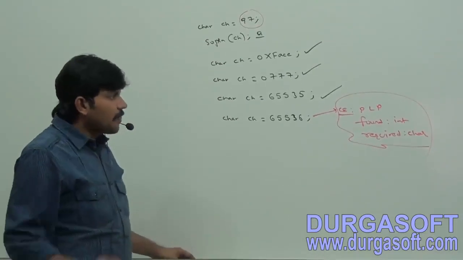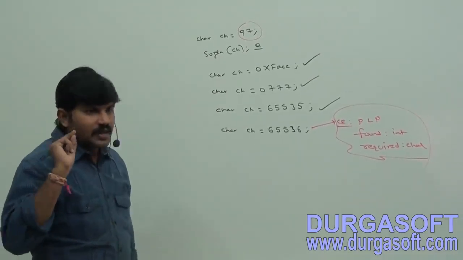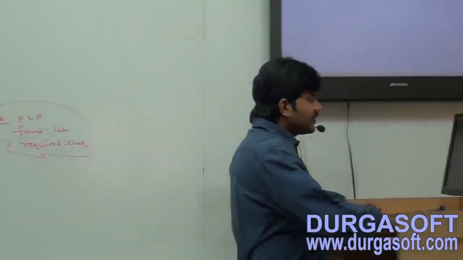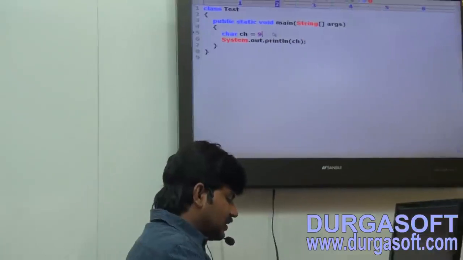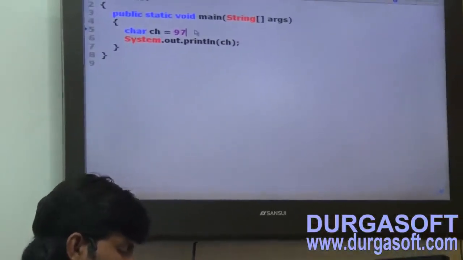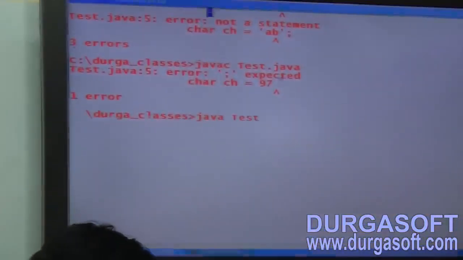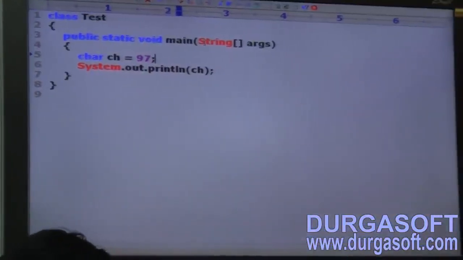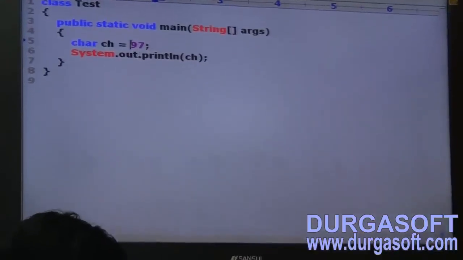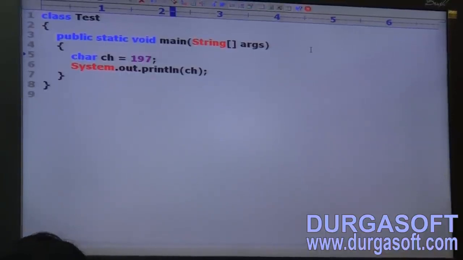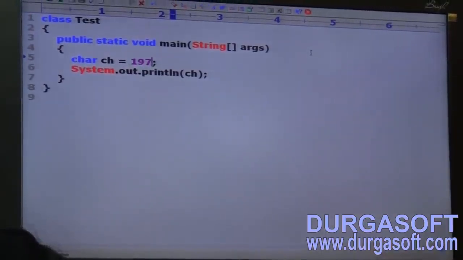Next one. Okay, but here one small twist I have to explain for you people. Char ch is equal to 97, I am taking SOP of ch. Valid or not? Valid. What is the answer? 'a'. Char ch is equal to 197, I am taking SOP of ch. Valid or not? Valid.